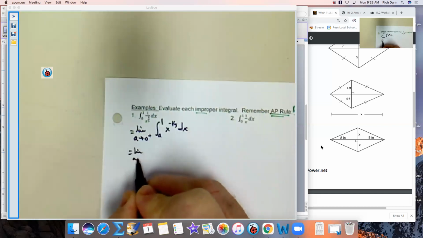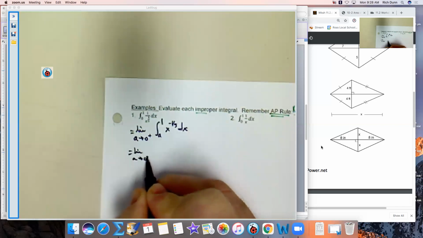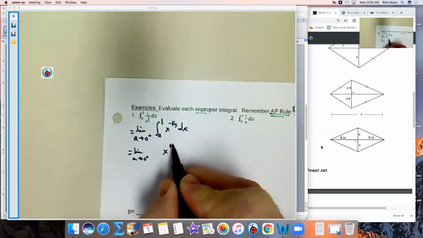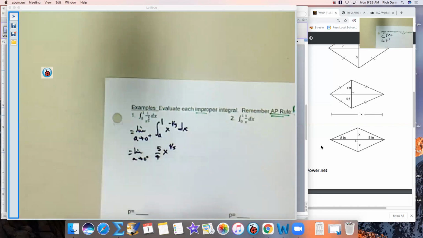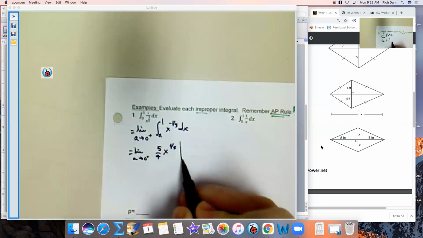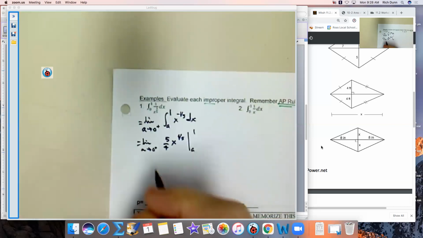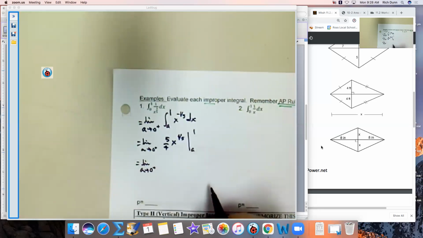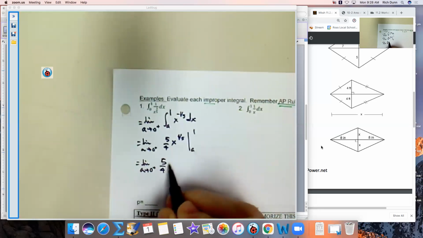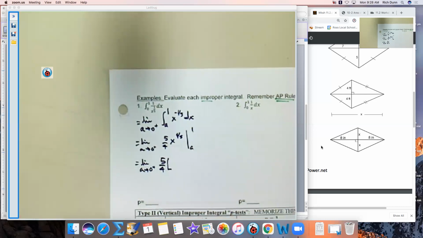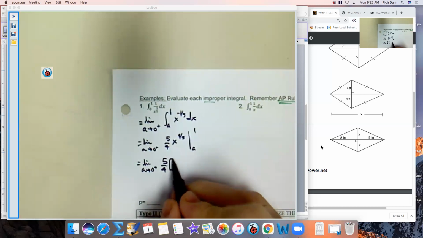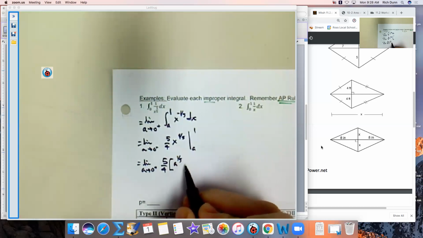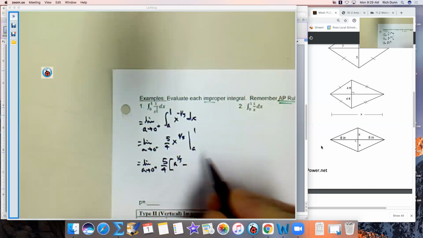Let's add 1 to our exponent and multiply by the reciprocal. And let's evaluate this from a to 1. That means the limit as a goes to 0 from the right, factor out the 5/4, and we'll have a to the 1/5 power minus, oops, got that a little bit backwards.